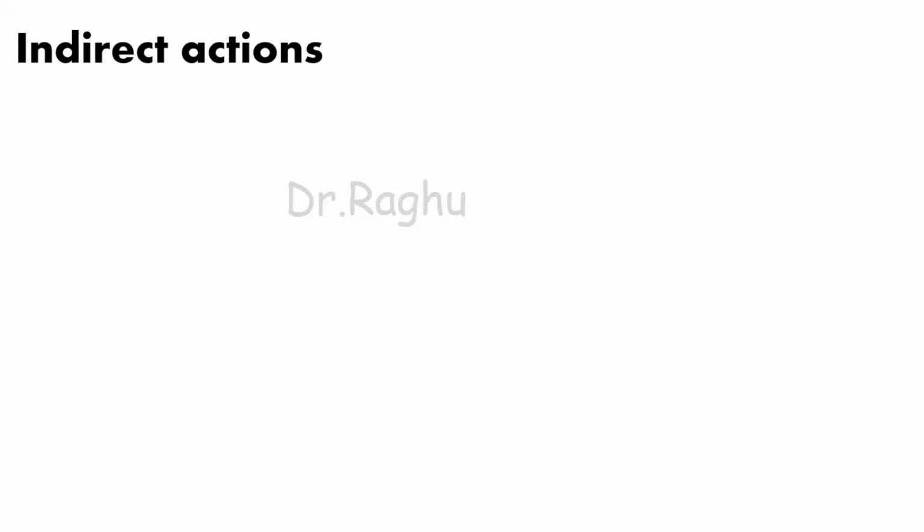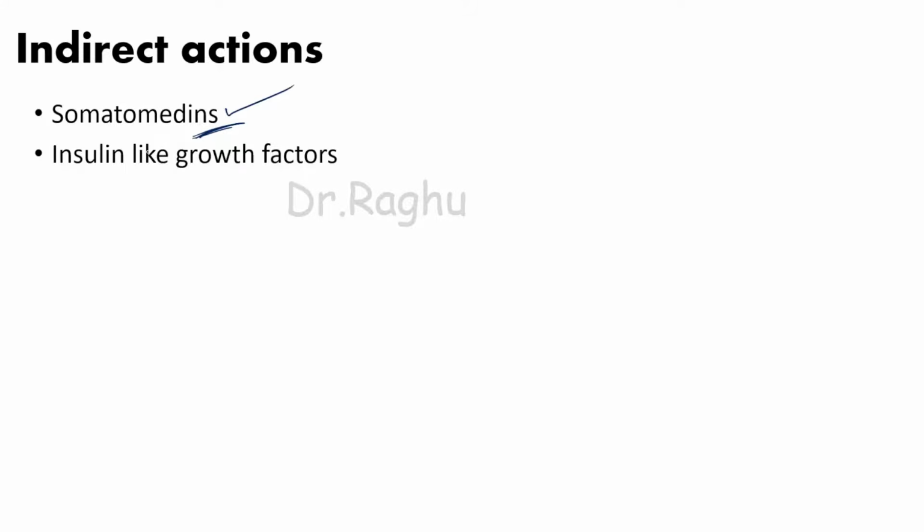Now let's understand what the indirect actions are. As we all know, the indirect actions are mediated by the so-called somatomedins, which are produced from various tissues, to be more specific by the liver. These somatomedins are also called insulin-like growth factors. So remember, the presence of somatomedins is extremely important for the growth action of the growth hormone.